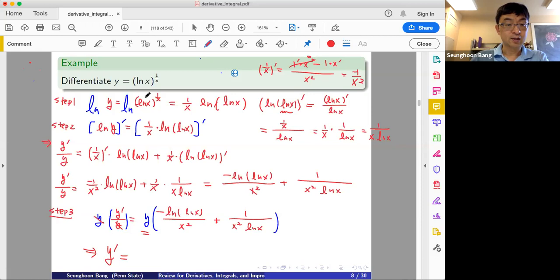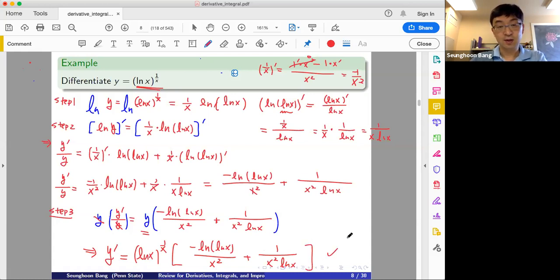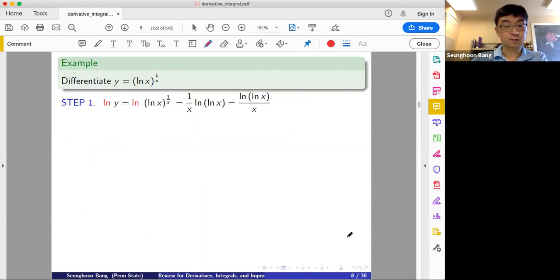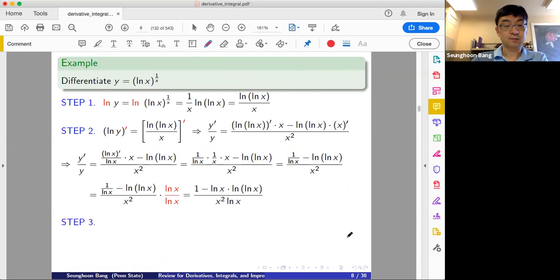You can replace ln of x with 1 over x, times the remaining things: the minus ln of x over x squared plus 1 over x squared times ln of x. So that's it. This is the whole idea for solving this problem.